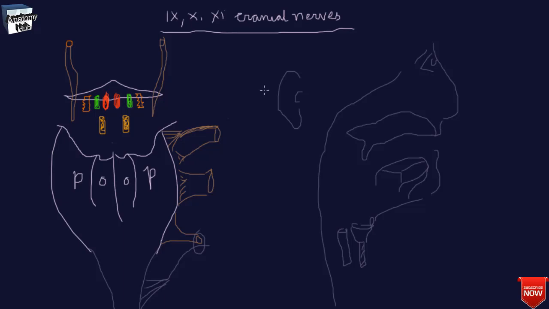The general sensation coming from the auricular area that innervates the external ear will be connected to the spinal nucleus of the trigeminal nerve. Now here you can see the oropharynx, the posterior one-third of the tongue, the tonsillar fossa and some part of the palate, which carry general sensation towards the lower part of the tractus solitarius.